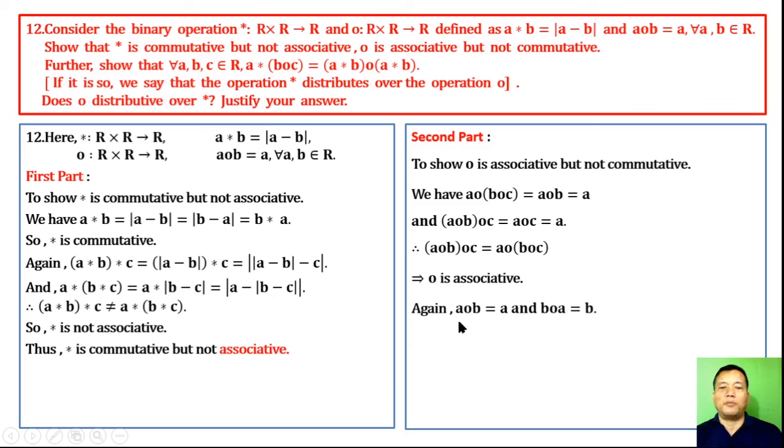For commutative: A O B is A and B O A is B. A and B are not equal, so O is not commutative.